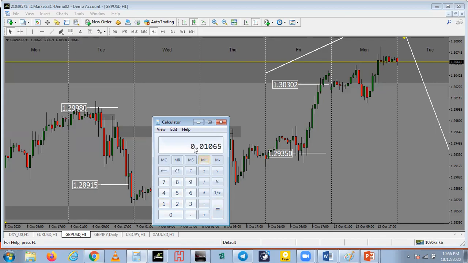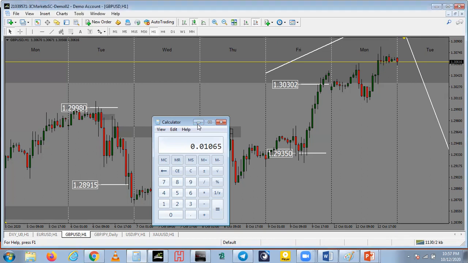So what you made is 0.01065. Remember, you move your decimal point three and four places to the right. 1, 2, 3, 4. So you made 106 pips, 5 pipettes, in this sell movement, in this bearish movement you just entered.